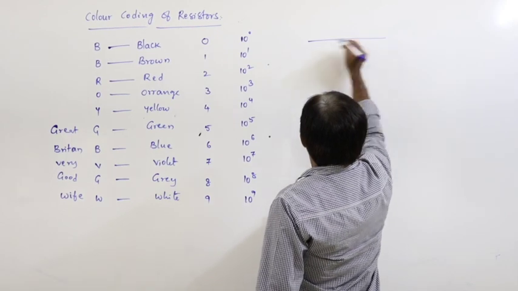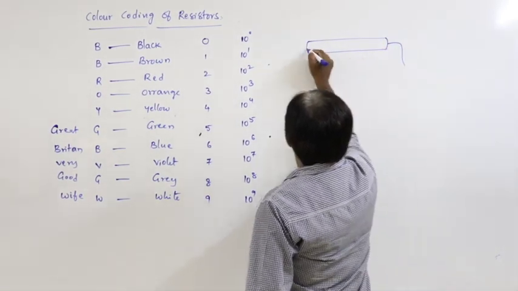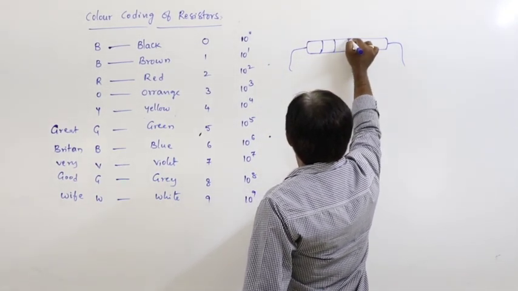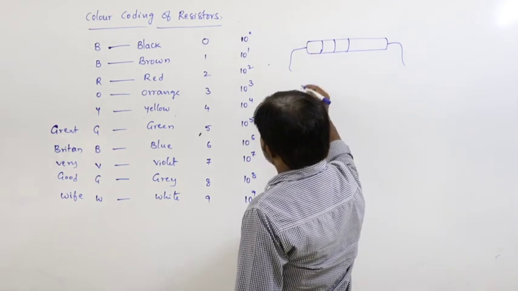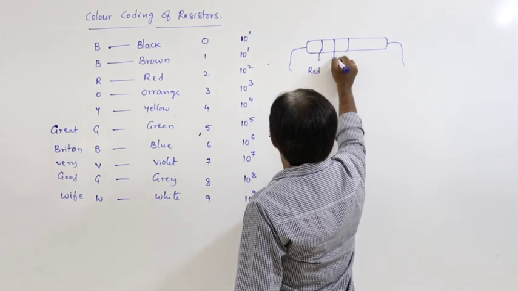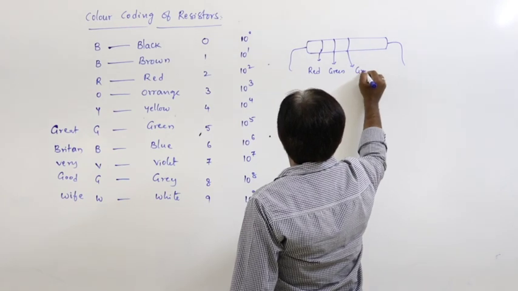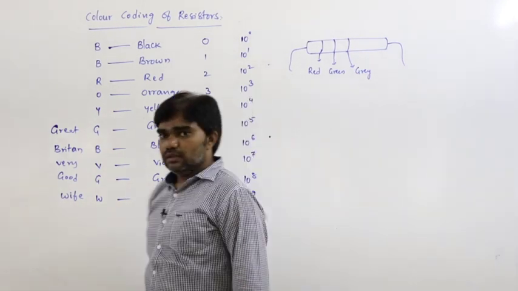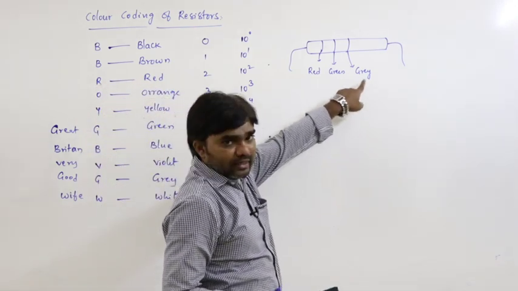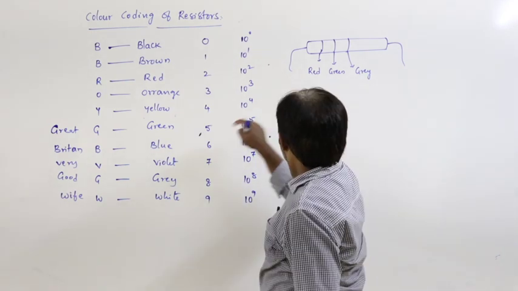Let us say three colors. For example, the first one is red, the next one is green, the next one is, let us say, grey. Red in the sense, what is the digit? 2.